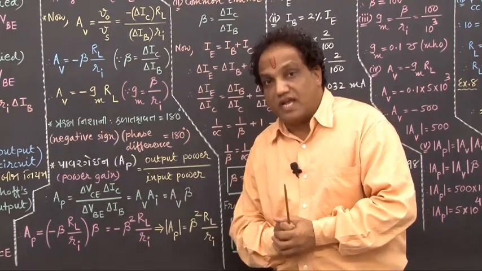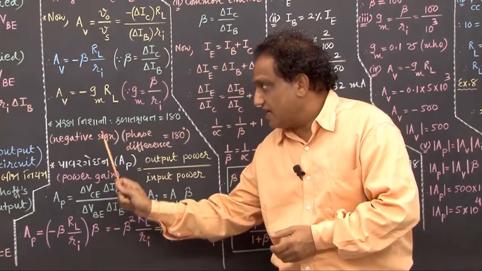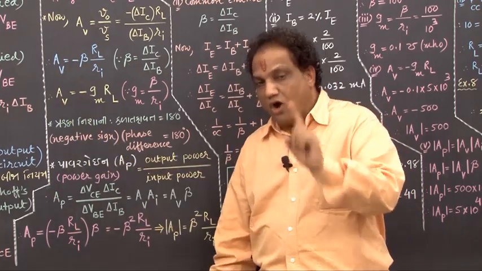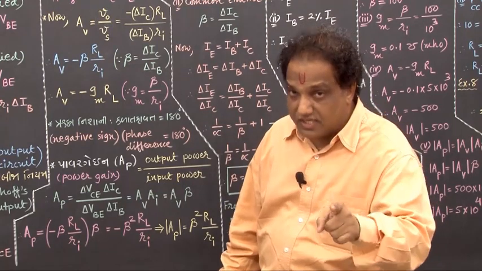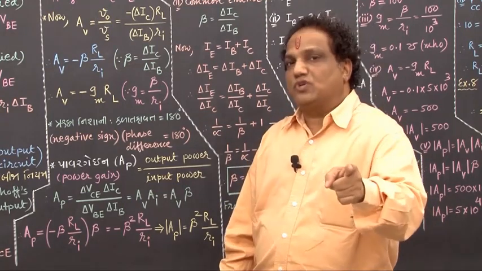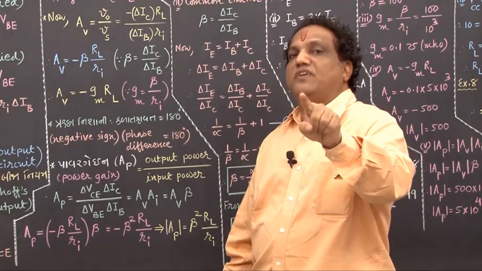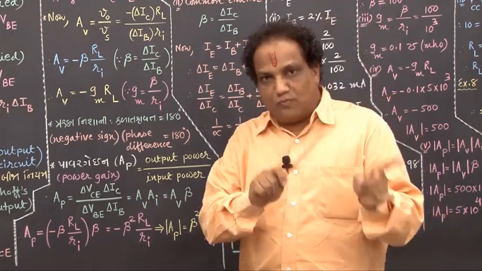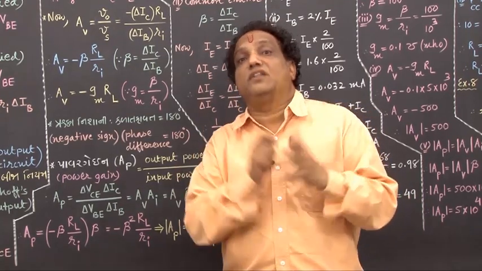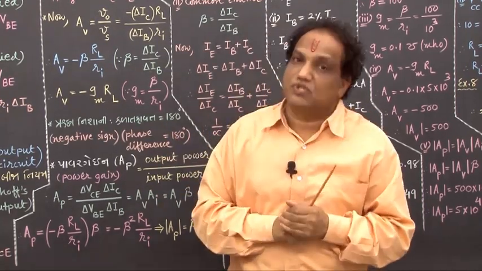What does this negative sign indicate? Look, the negative sign indicates that voltage gain is negative, meaning thereby the output voltage signal is negative of the input voltage signal, meaning the output signal is inverted of the input signal. Phase wise, you can say the output signal has 180-degree phase with the input signal.